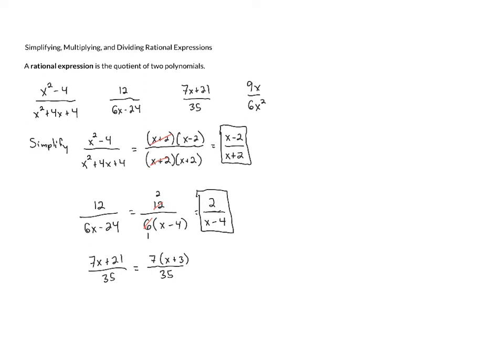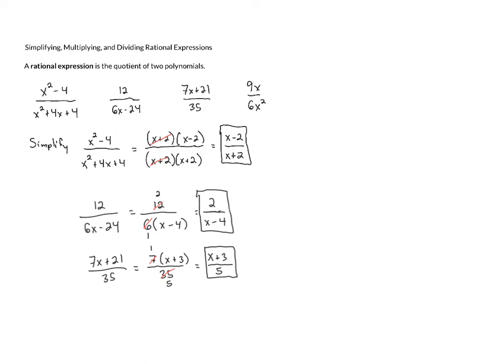That factor is 7. So if we reduce 7 and 35 by a factor of 7, we're left with 1 up top and 5 in the bottom. So our denominator is just 5, and the numerator, 1 times x plus 3, is just x plus 3. And we're left with x plus 3 over 5.